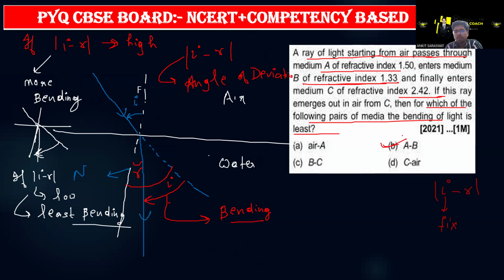So it is simply an application of Snell's law. Just check: if the change in optical density is less, very little bending takes place.